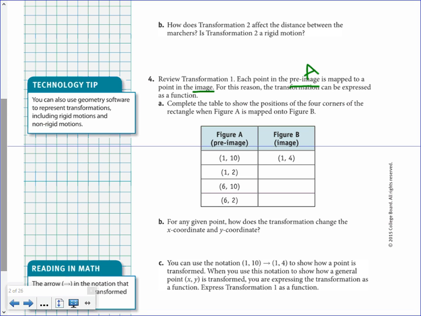They are mapped to our image, which is figure B. And we're going to look at how each individual point gets moved. So they have given you in this table figure A, the pre-image. Those are the four corners, the vertices of our rectangle. And we are trying to figure out how they are changed when we look at figure B.